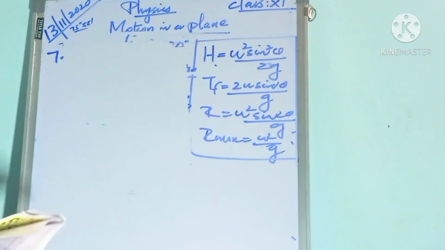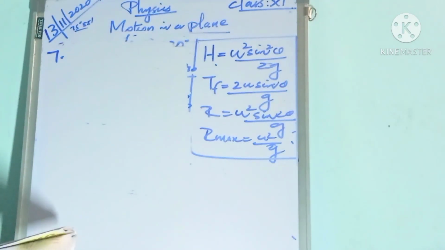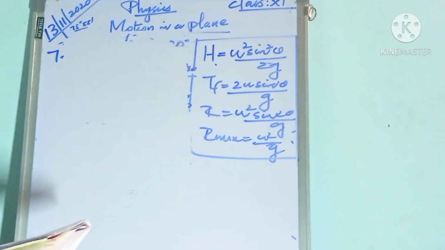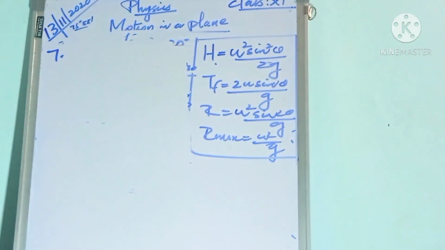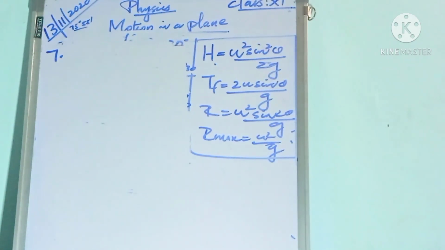Okay. Next, the seventh question is: prove that the maximum horizontal range is 4 times the maximum height attained by the projectile when fired at an inclination so as to have the maximum horizontal range. That is the question.